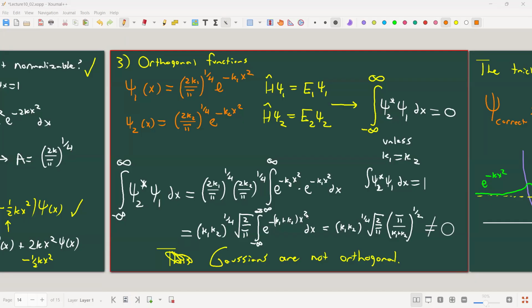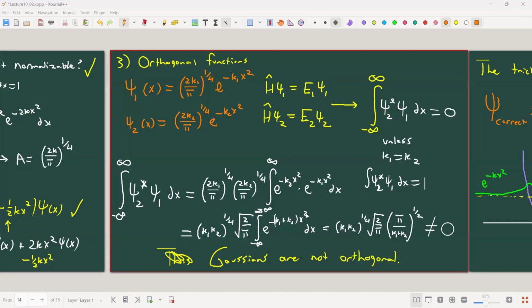And so when you plug in this guess for the wave function, assuming different states, meaning different values of k, what we find is that you take a product of these two bell curves, and what you get out of it is another bell curve. So it's not like when you multiply a sine and a cosine together and everything cancels out because one is odd and one is even.